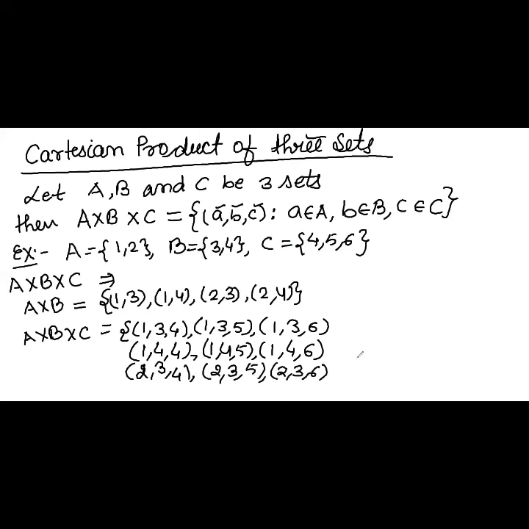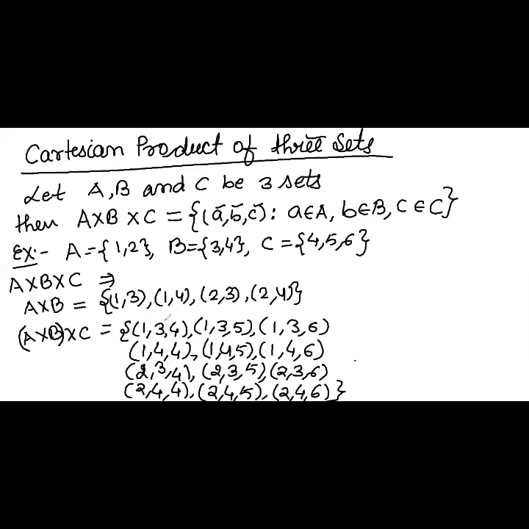I hope it is very clear for you all how we are taking elements. And the last ones are (2, 4, 4), then (2, 4, 5), and (2, 4, 6), and then curly bracket closed. So this is the way to find out Cartesian product of three sets by using ordered triplets.